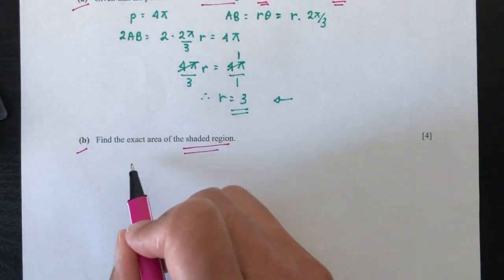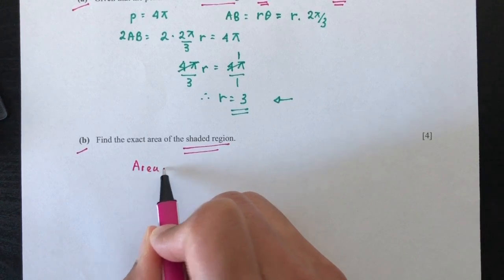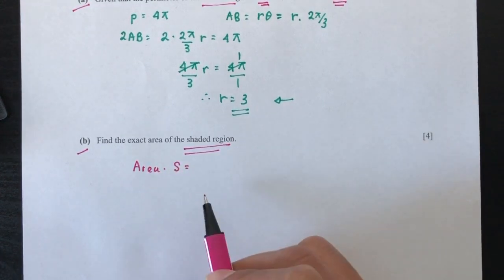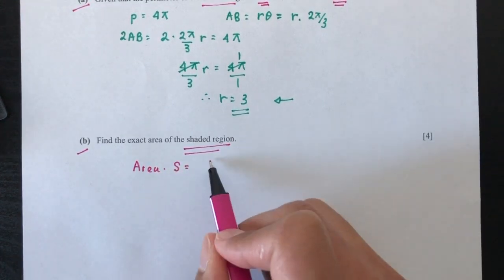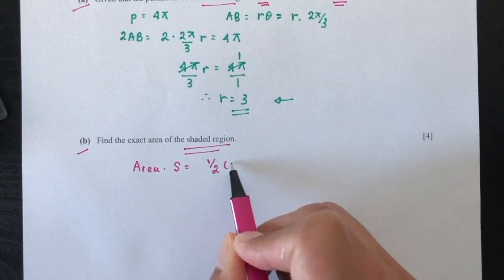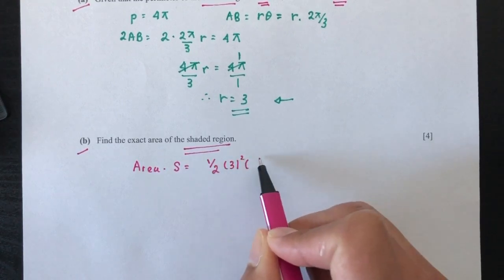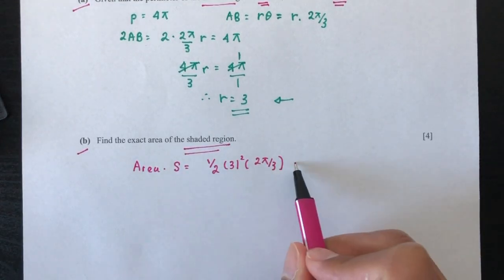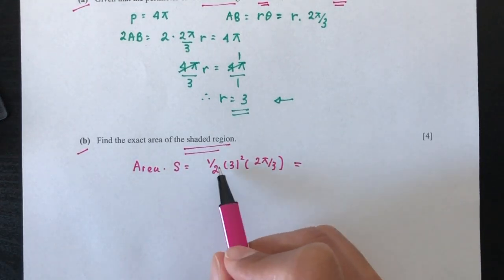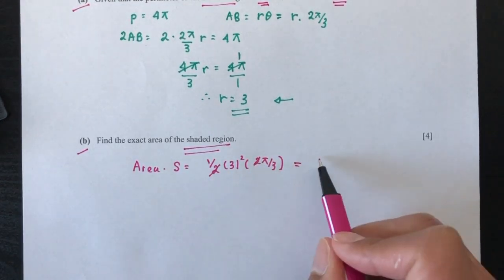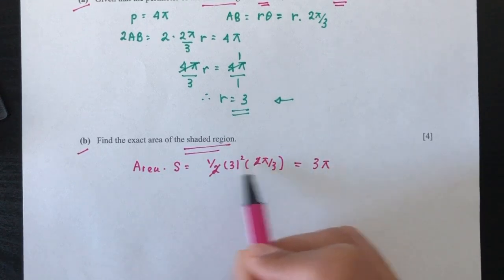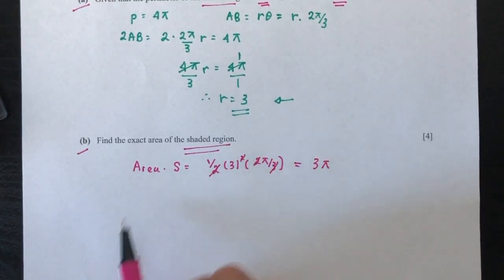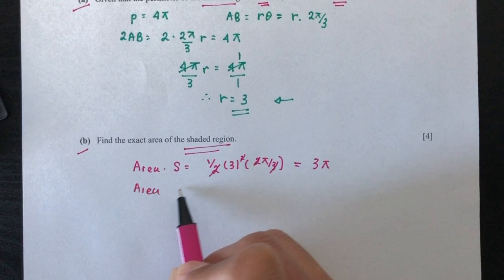So let's do that. Area of sector will become half r squared, which is 3 squared, and the angle is 2 pi over 3. That's the area of the sector. Let's simplify. The 2 cancels out, and you will have 3 pi for the area of the sector. Now what is the area of the triangle?